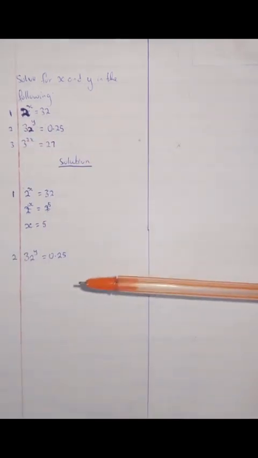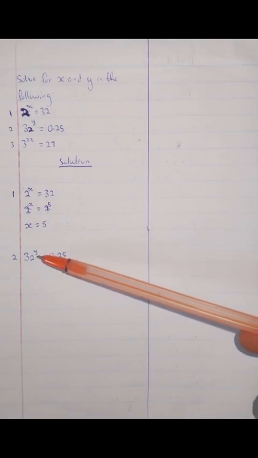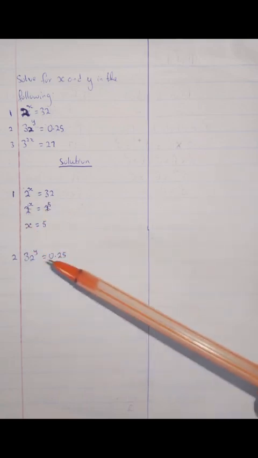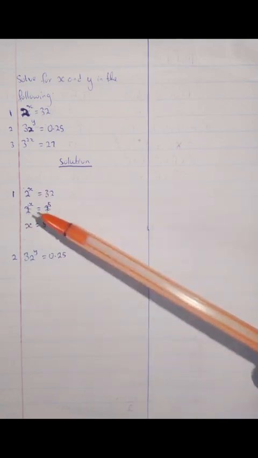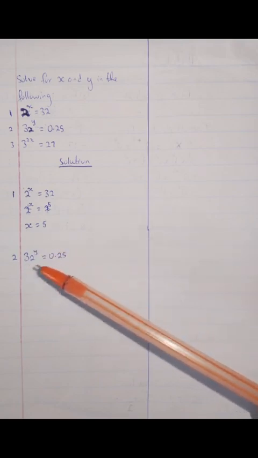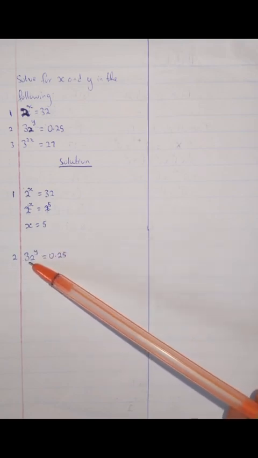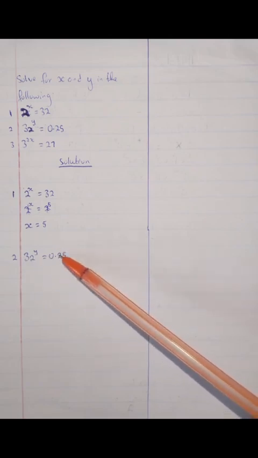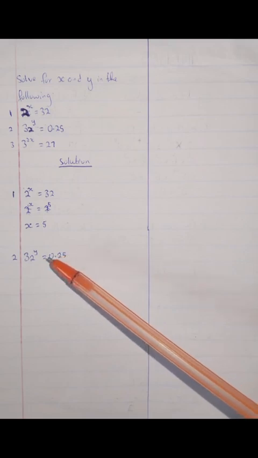Question 2 says 32 to the power of y equals 0.25. You can see this one now is quite different from this one. So how do we solve this? First of all, we express this in terms of 2, and for 0.25, this is a decimal.